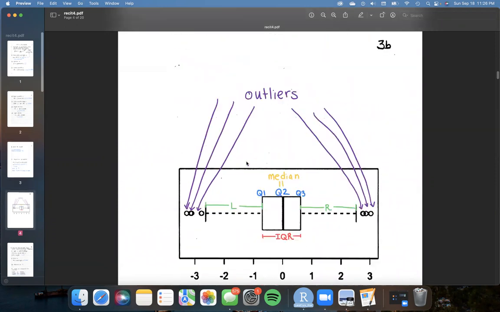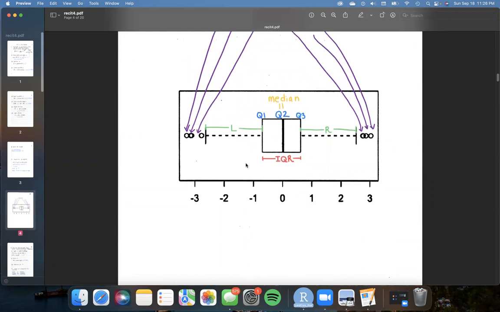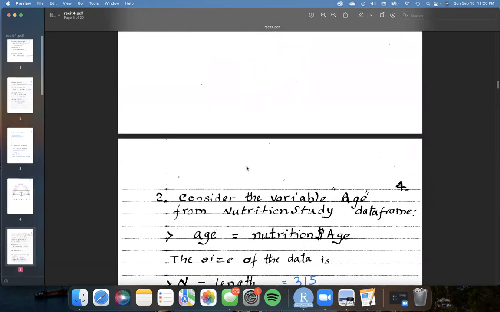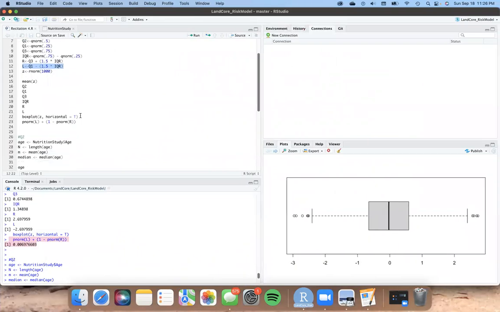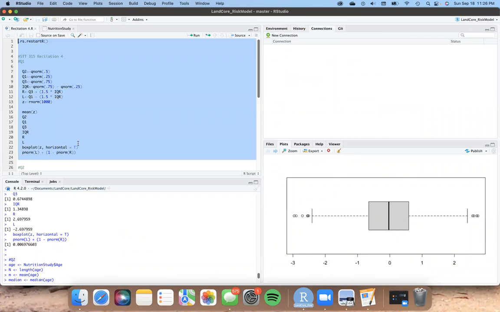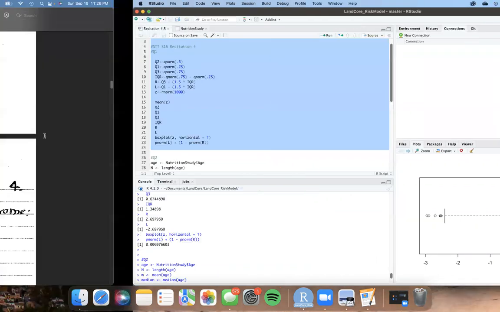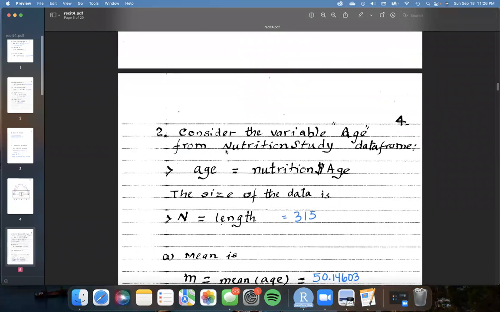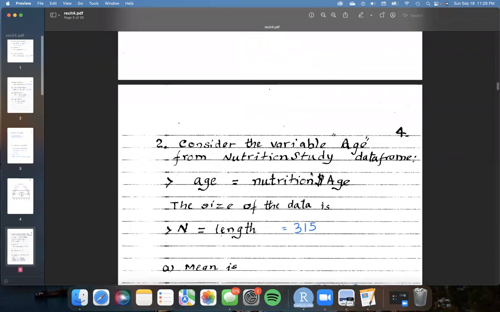Now we are moving on to number 2. Yes, we covered all of this. This is all of the code that I used for question 1, and now we're moving on to question 2. We're going to consider the variable age from the nutrition study data frame.